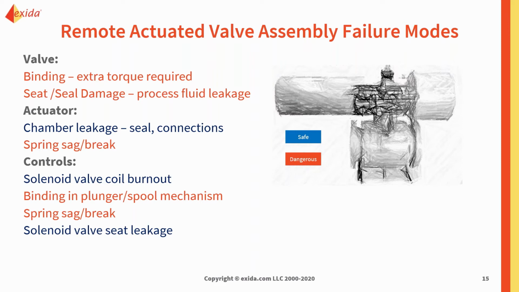Looking at the controls, solenoid valve burnout is a significant failure mode that results in a safe trip. However, binding of the plunger or spool is a dangerous failure, as is spring sag or spring break. And of course, a common failure we see is solenoid valve leakage, seat leakage, and that would be considered a safe failure.